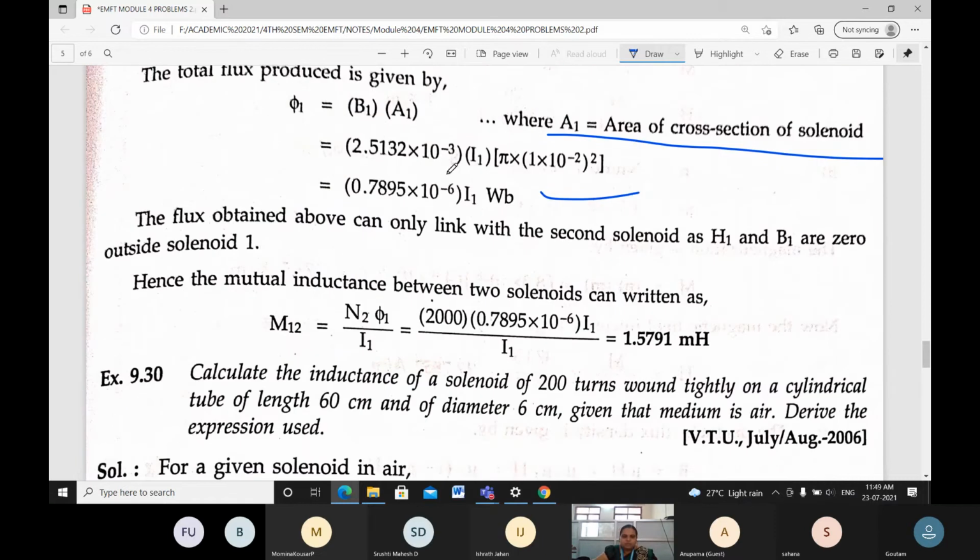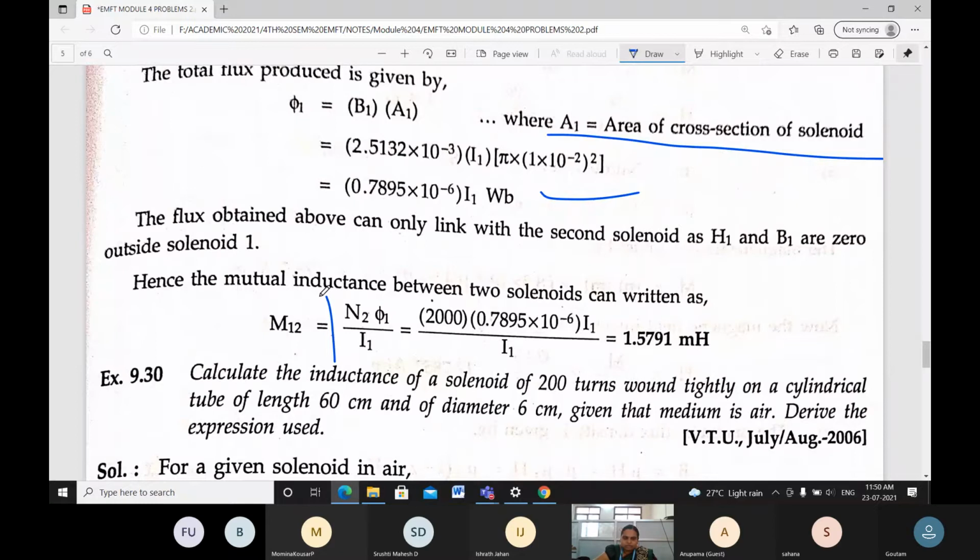Then the flux we obtained can be linked with the second solenoid, as H1 and B1 are 0 outside solenoid 1. Therefore, the mutual inductance between the two solenoids can be written as M12 is nothing but N2 phi 1 divided by I1. Observe here.